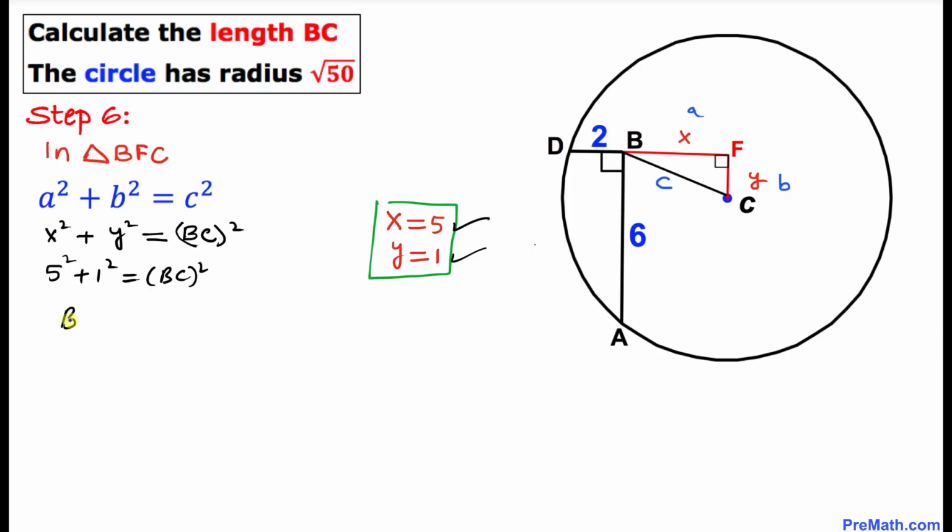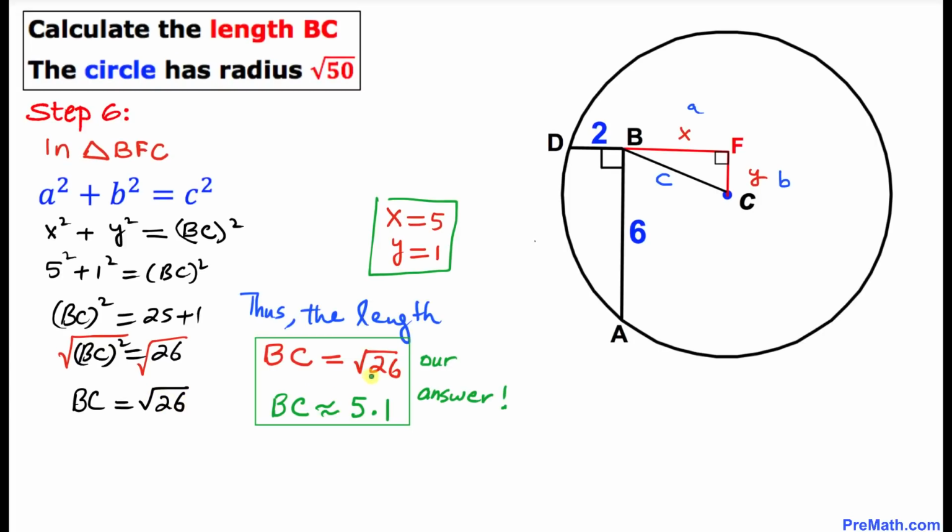So that means BC square equal to 25 plus 1, which is 26. Let's take the square root to undo this square. So BC turns out to be square root of 26. Thus our BC value turns out to be square root of 26, or in terms of decimal, this is approximately equal to 5.1, and that's our final answer.